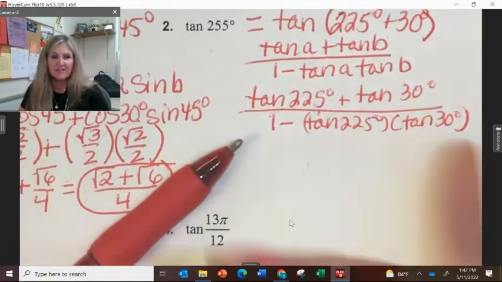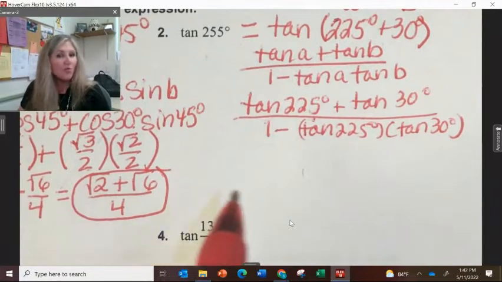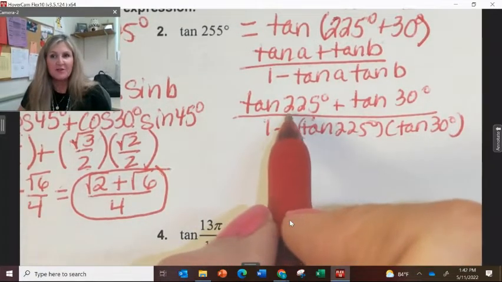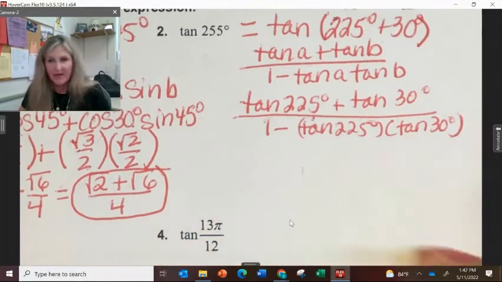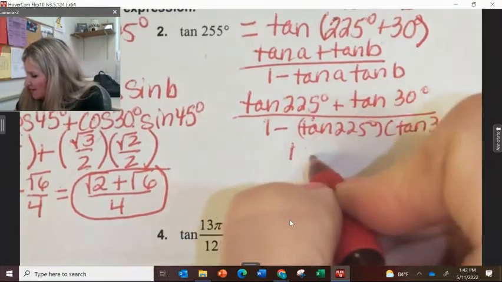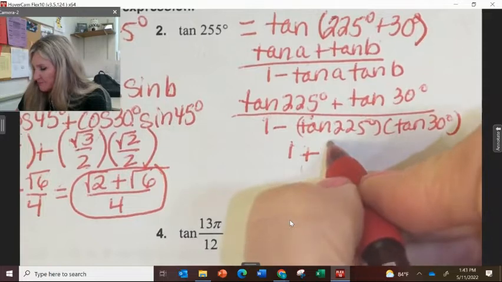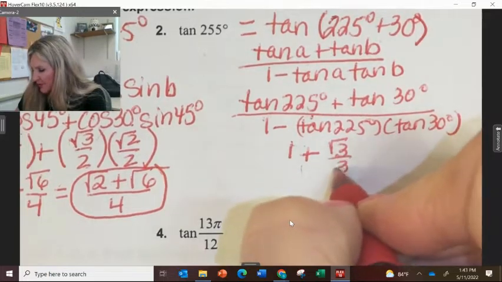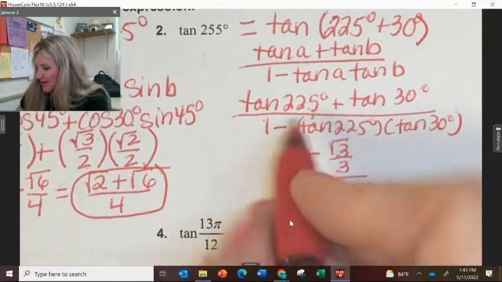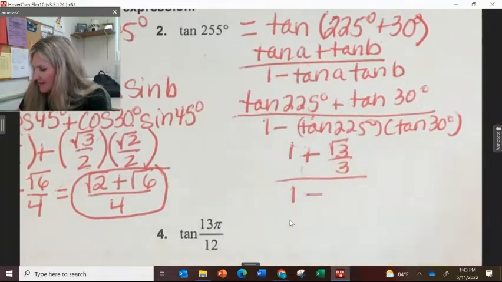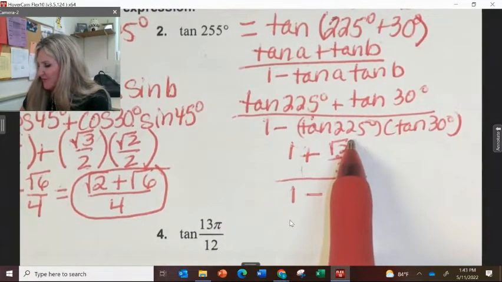What is the tangent of 225? 1. That's in the third quadrant, so it's positive. So it's 1 plus, what's the tangent of 30? Radical 3 over 3.